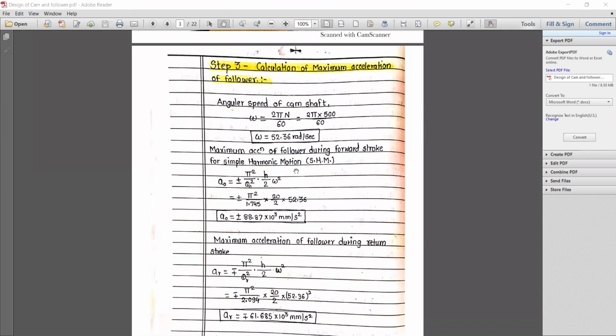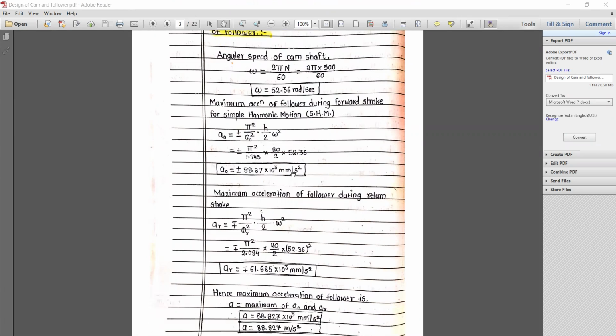Third step, we need to calculate the maximum acceleration force which is acting on the follower. The angular speed of the camshaft, omega, is equal to 2 pi N by 60. The speed of rotation is 500, so omega is equal to 52.36 radian per second.